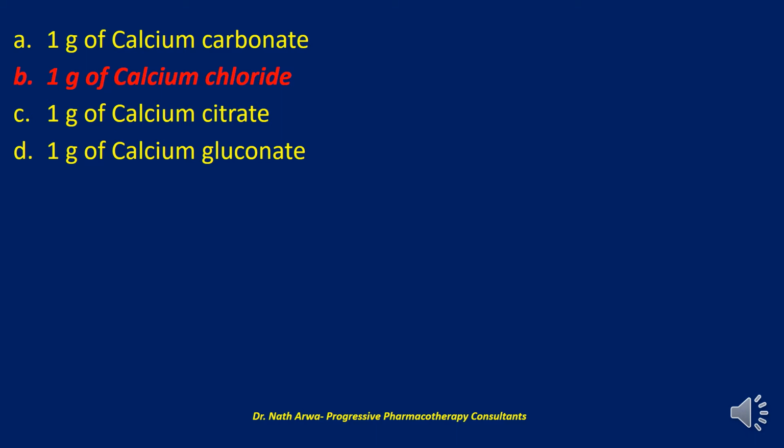So when you look at the true contents of elemental calcium per every gram, my best bet here would be to settle for calcium chloride. It would deliver the amount we need to supplement. Let's move to the next question.